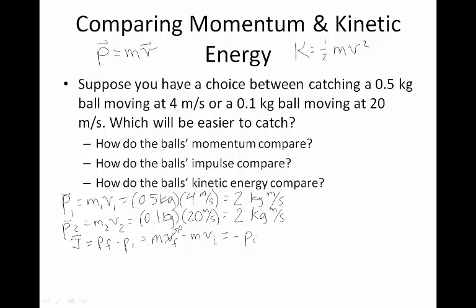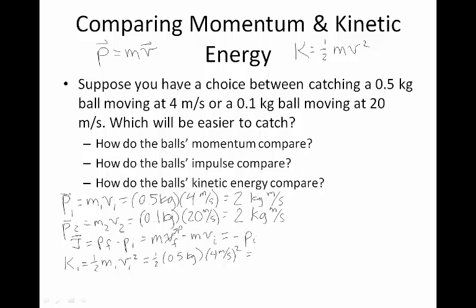Now let's try what happens with kinetic energy. For the first ball, kinetic energy would be 1/2 m1 v1 squared, 1/2 times 0.5 kilograms times 4 meters per second squared. Do that in your head, okay? So 4 squared is 16. You've got 1/2 times 1/2 is basically 1/4.